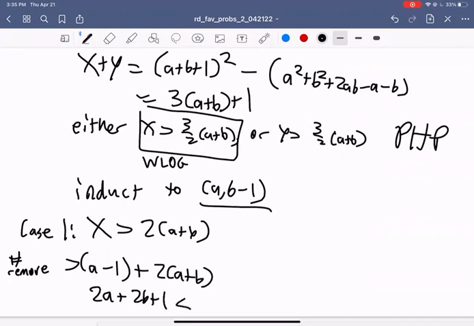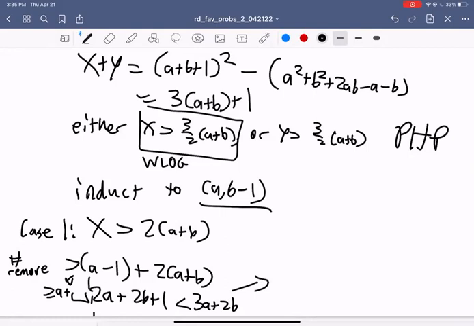And this is less than 3A plus 2B minus 1, because the amount removed is strictly greater than this, and it's an integer, so we can say greater than or equal to A plus that.